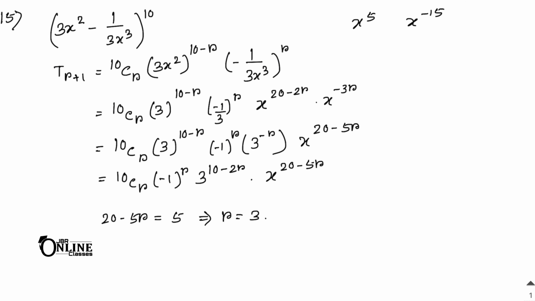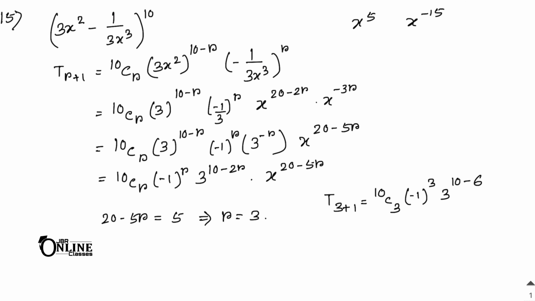So if r equal to 3, then it will be T(3+1), and your answer will be 10C3, then (minus 1) to the power 3, here 3 to the power 10 minus 2 into r, means here 6. Clear?